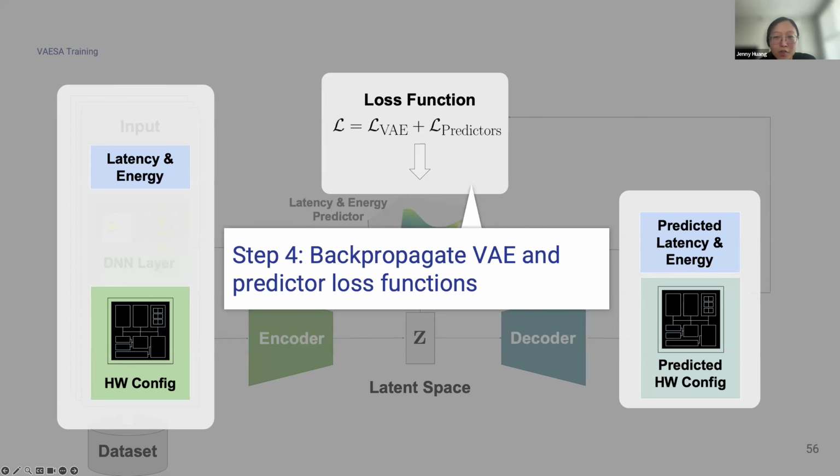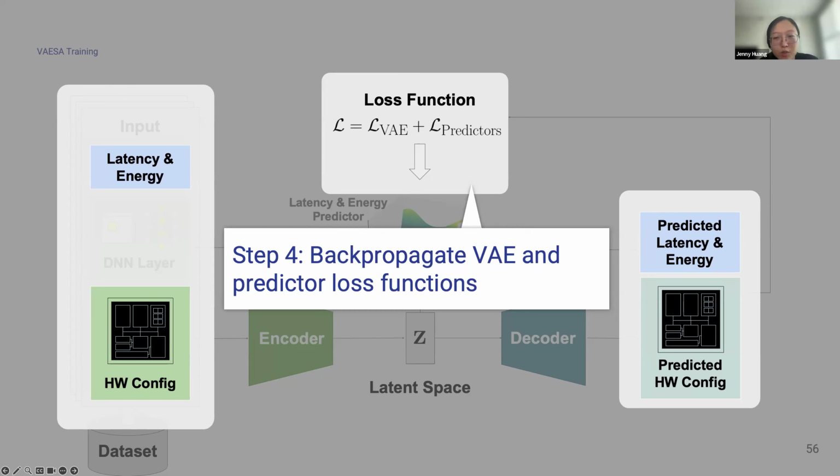The loss function of the VAE is defined as the difference between the input hardware configurations and the output hardware configurations of the VAE, plus some regularization terms, which we'll discuss later. The loss function of the predictor is defined as the difference between the actual and the predicted hardware performance.